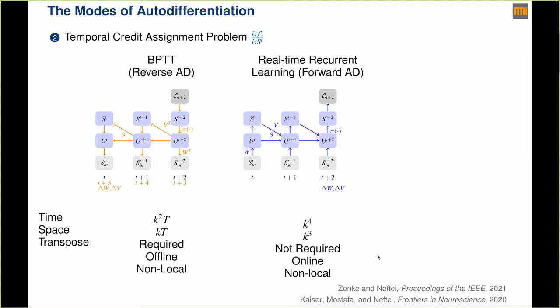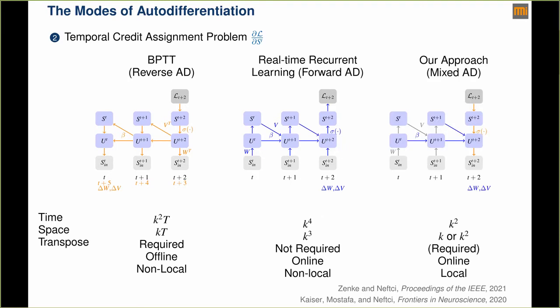In both cases, unfortunately, the learning is non-local in the sense that any process here must keep a memory of the past and also have the symmetric transpose of the weights. So there's actually a really nice way of combining reverse mode and forward mode auto-differentiation simply by doing reverse mode in space, but forward mode in time.